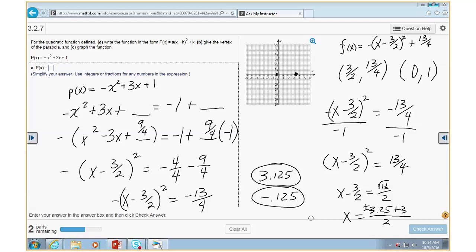You got a 0, 1 right there, and our vertex is 1.5 and 13 over 4. Oh my gosh, what's it doing? It's opening down, which it tells you it's opening down. 3.125 and negative 0.125.